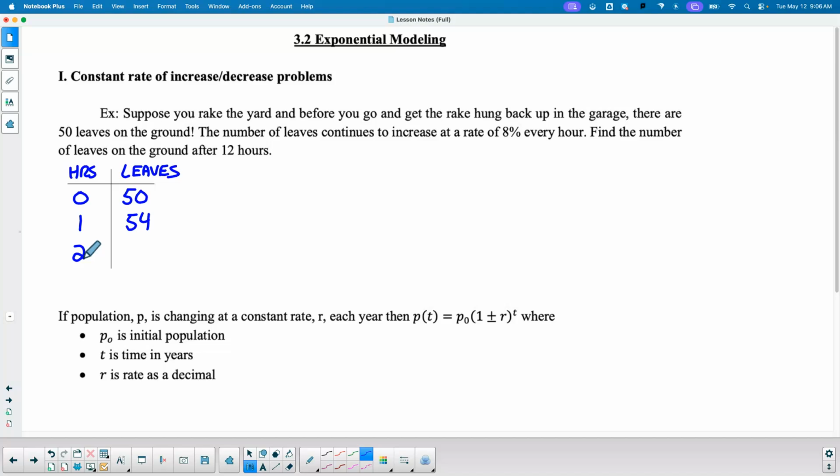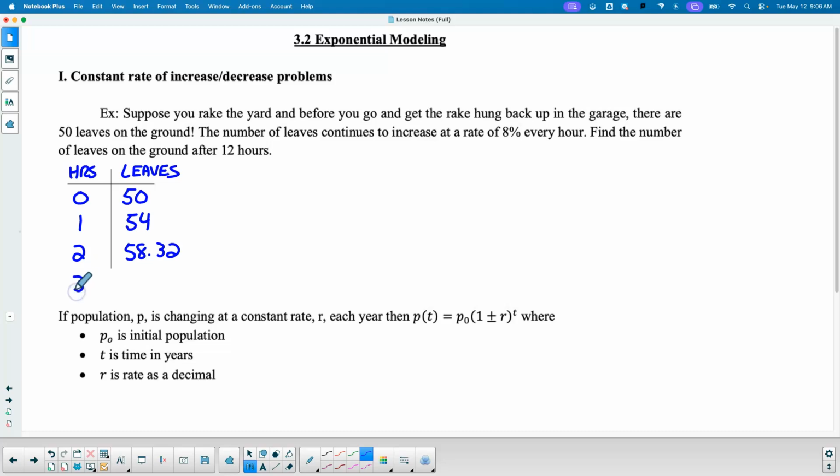No? Okay. If this were people, no. If this were hamburgers, yeah. So it all depends on what we're talking about, right? So 58.32.